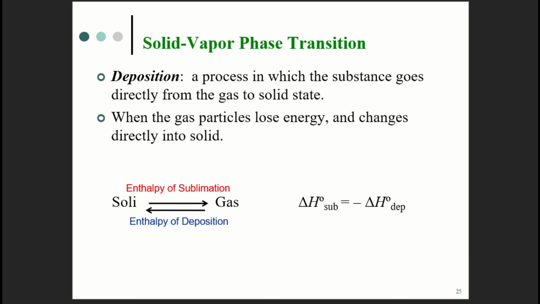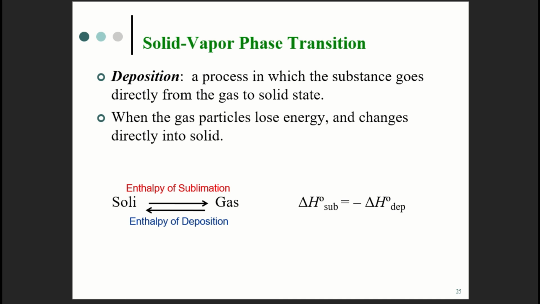The opposite is deposition. Deposition is the process in which the substance goes directly from gas to solid state. It is the opposite of sublimation, when the particles lose energy and change directly into solid.